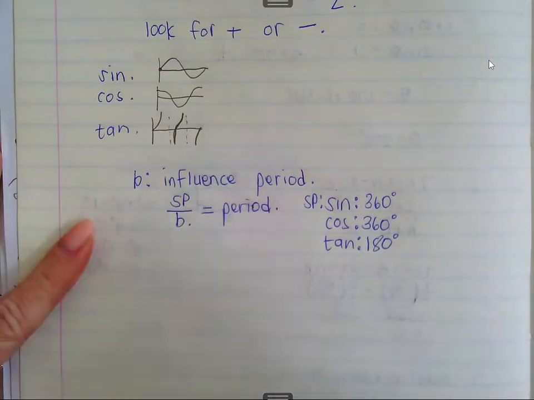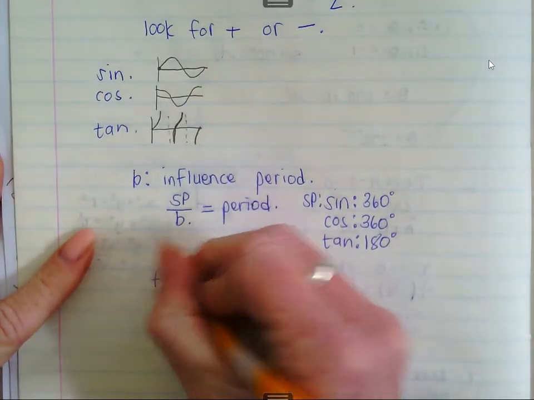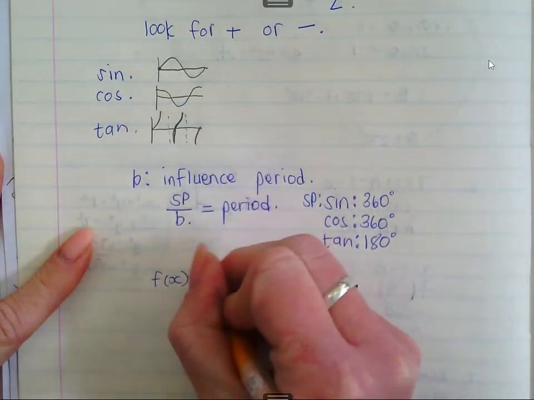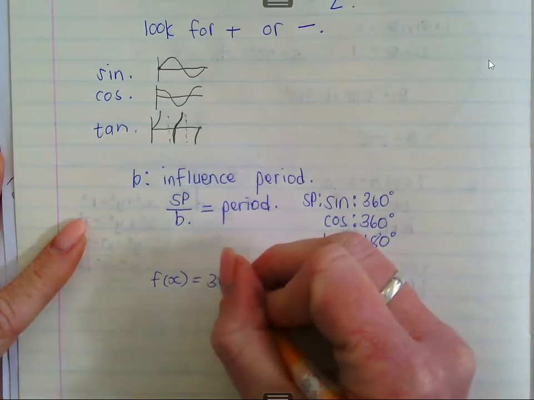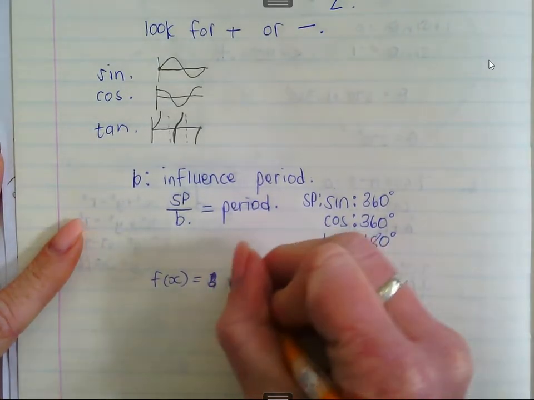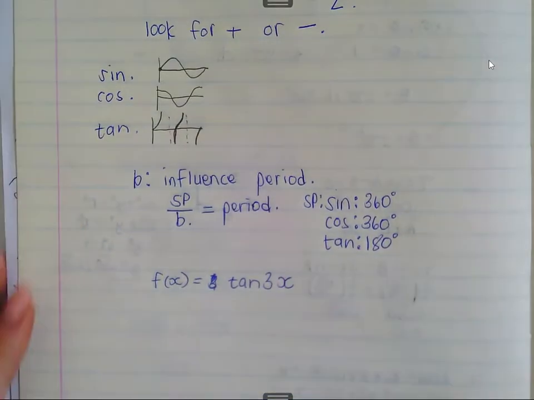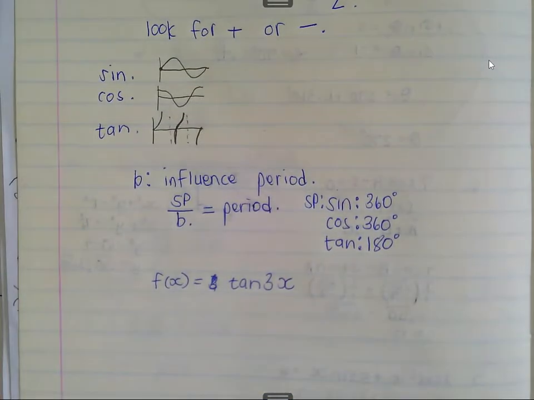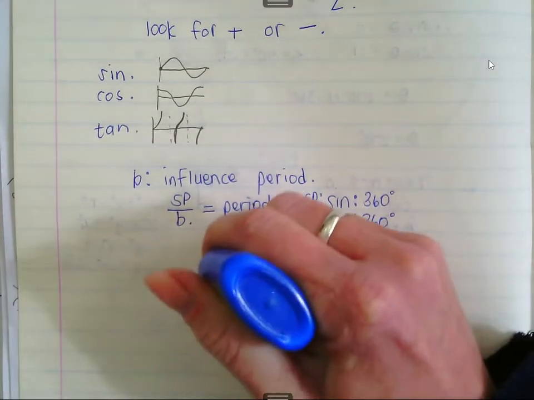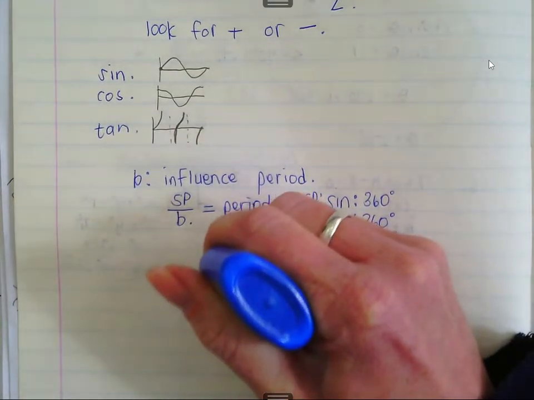Okay, so for example, if you had f of x equal to tan 3x.